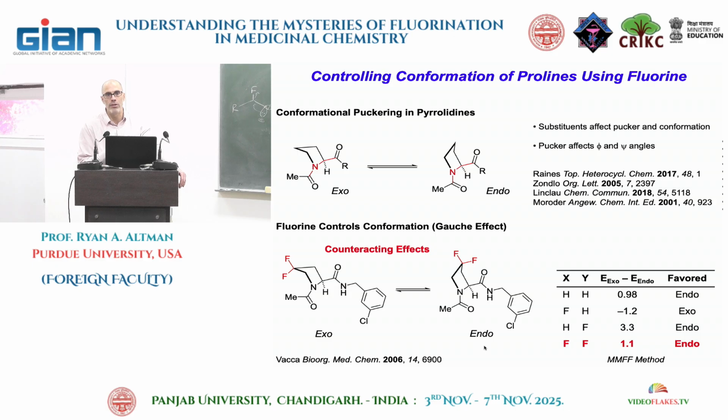Neither one of them wins out. You go back to 1 kcal per mole, which is equi-energetic basically for all practical purposes with where we were to start. Now, you might want to have 2 fluorine atoms for a different reason. There are many reasons you can use fluorine. We'll talk about more reasons in future slide decks. But you get no benefit for conformational control with the CF2 because they're working against each other.